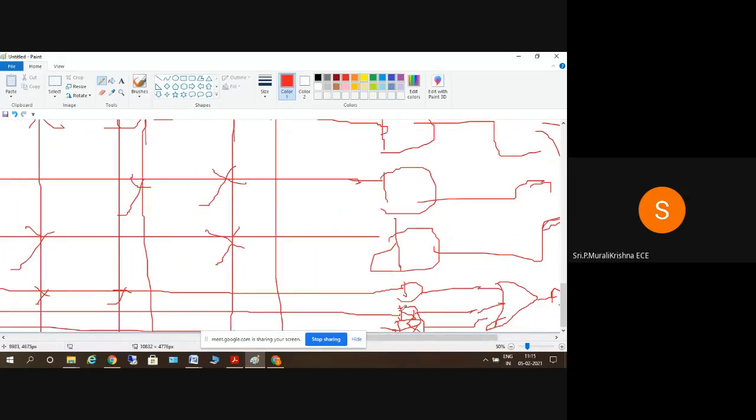So the second AND gate and third AND gate are not used here. So put it as a cross mark there. Okay, so the structure will be like this. Clear? Yes, sir. Okay, so this is how we'll go with the PLA level.